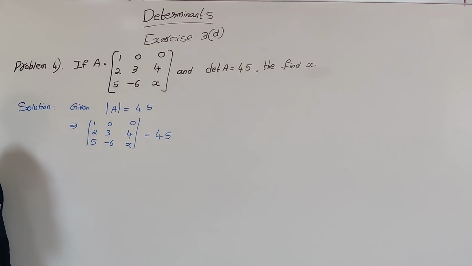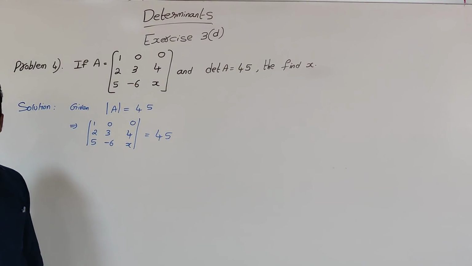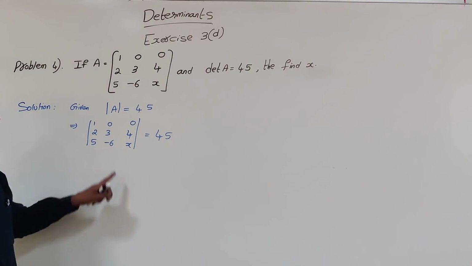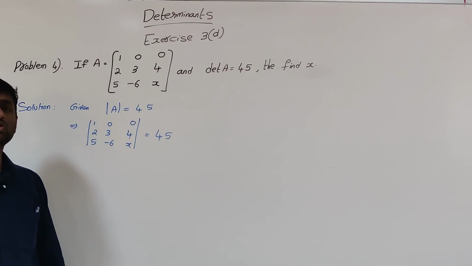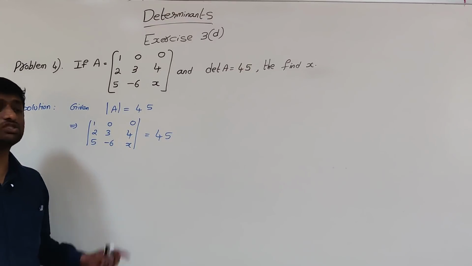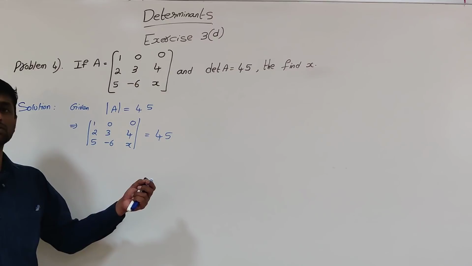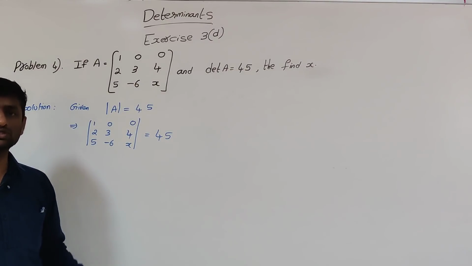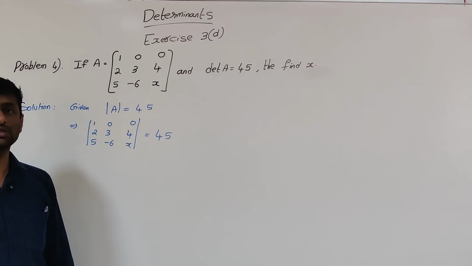Now we can expand by the first row. Why only the first row? Because there are more zeros in the first row. So 1 into cofactor of 1, plus 0 into cofactor of 0, which is always 0, because 0 multiplied with any number gives 0. Again 0 multiplied with the cofactor of 0 will be 0.